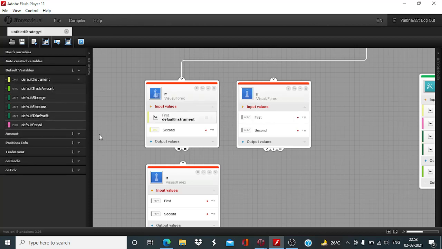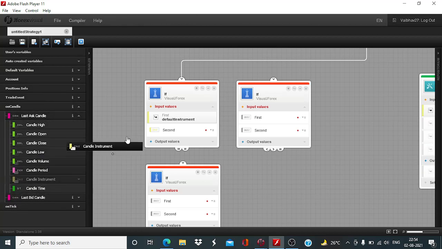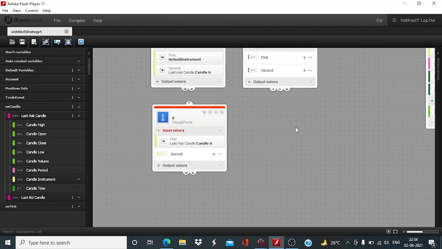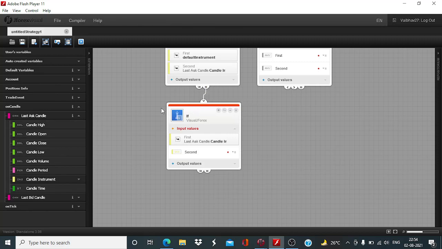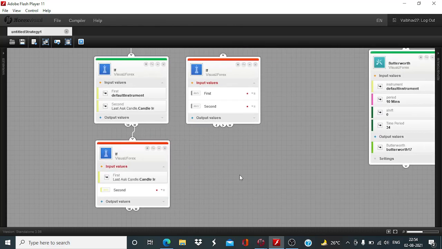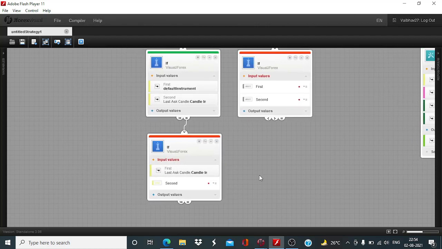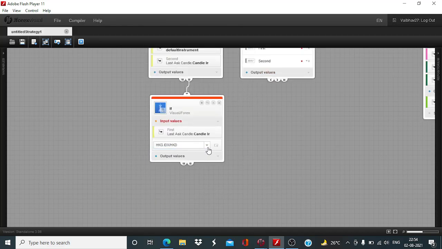Default instrument should match the candle instrument, and candle instrument will need to match the instrument of choice, which is going to be Euro USD.